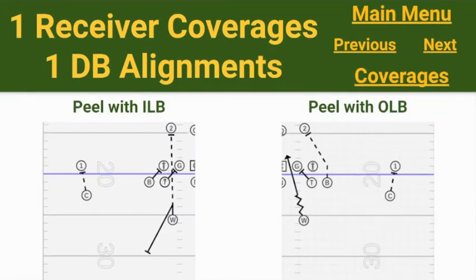And you can either go man, what we call peel, where the corner is going to be locked on number 1, and this makes a ton of sense if that guy is absolutely a dude, you don't want to leave him. He's the guy that they're trying to get the ball to on this side, but then they also have a threat on the 3 receiver side.